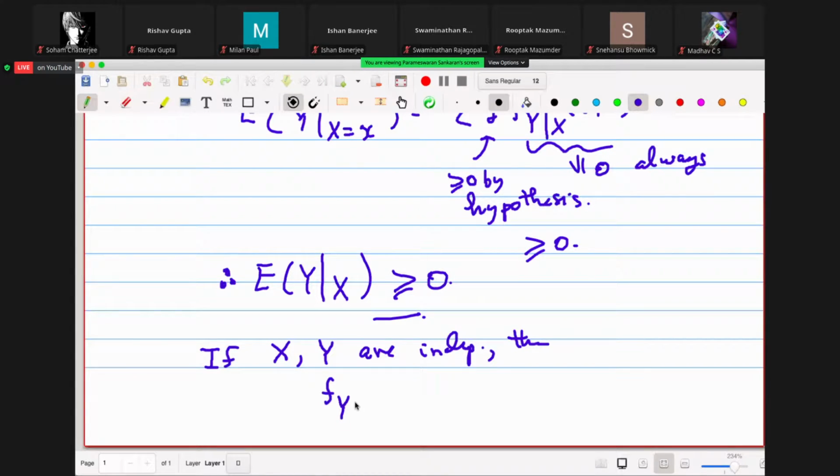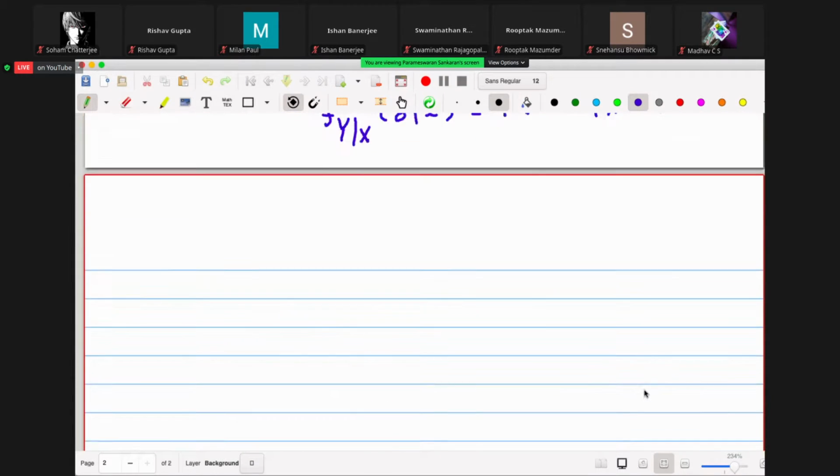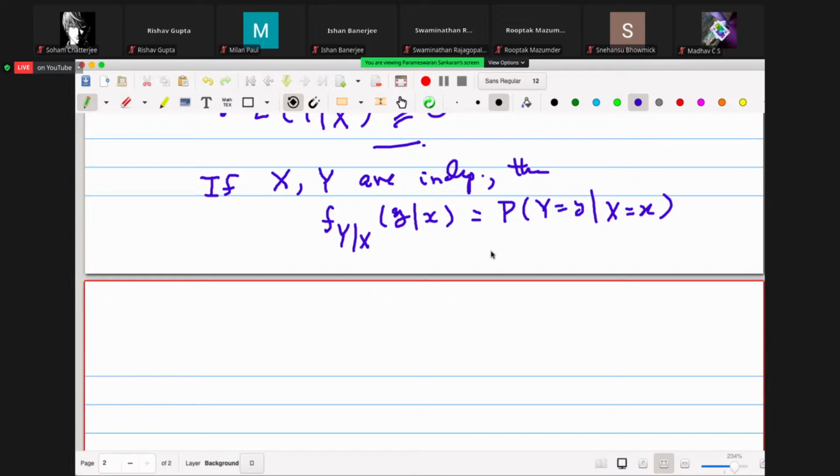F of y given x of y given x is equal to the probability of capital Y equals y, given that capital X equals x. So these two sets are independent, and therefore the probability is the same as the probability of Y equals y.